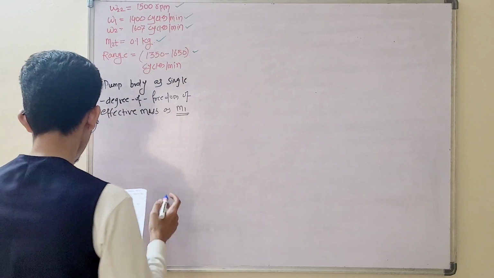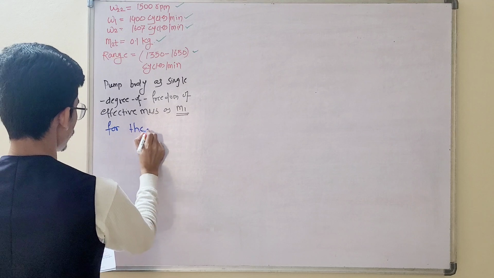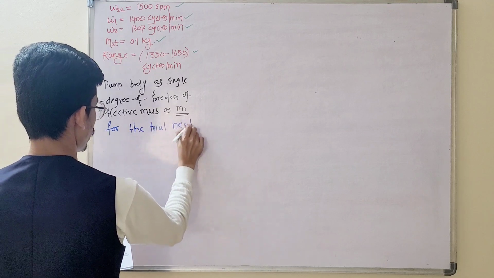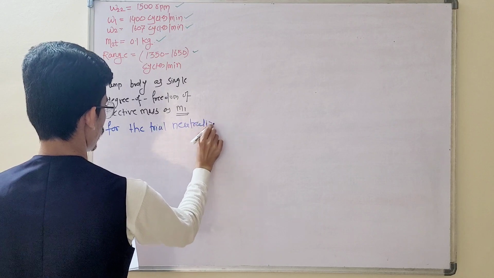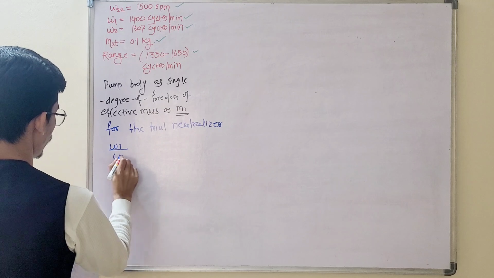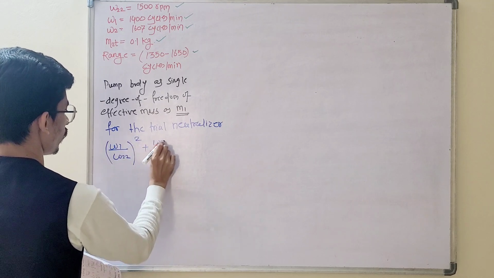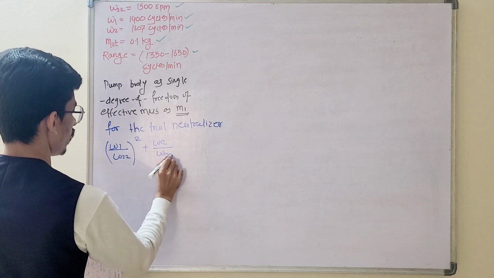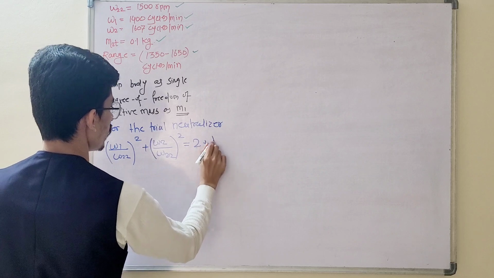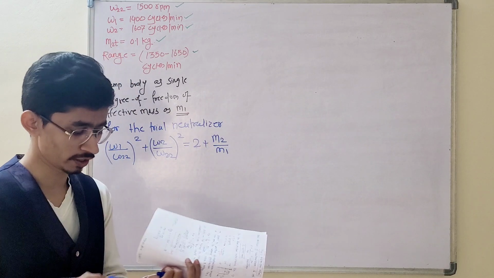So for the trial neutralizer, the formula is (omega 1 divided by omega 22) squared plus (omega 2 divided by omega 22) squared is equal to 2 plus m2 by m1. This formula we have studied.